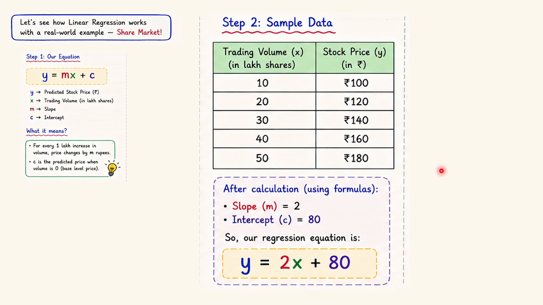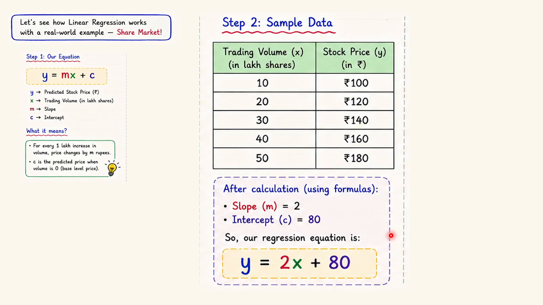This is our sample data. Linear regression looks at this data and finds the relationship between trading volume and the stock price. For this simple example, the data follows a straight line relationship. Now we need to find two important values, m and c. m is the slope and c is the intercept.